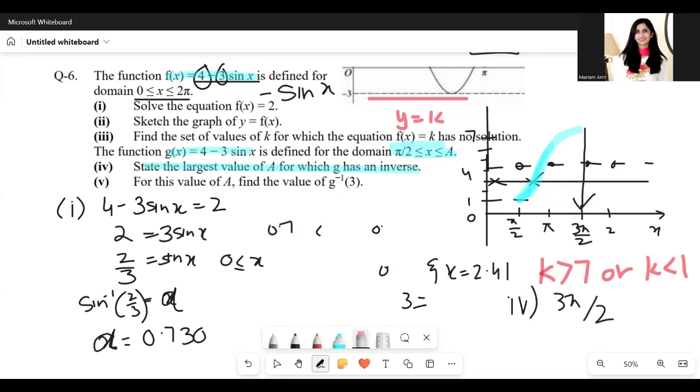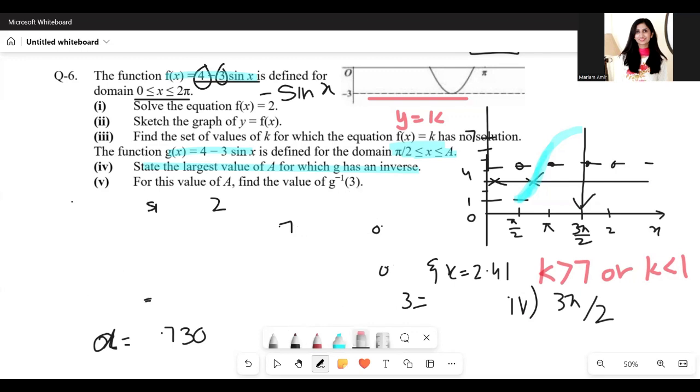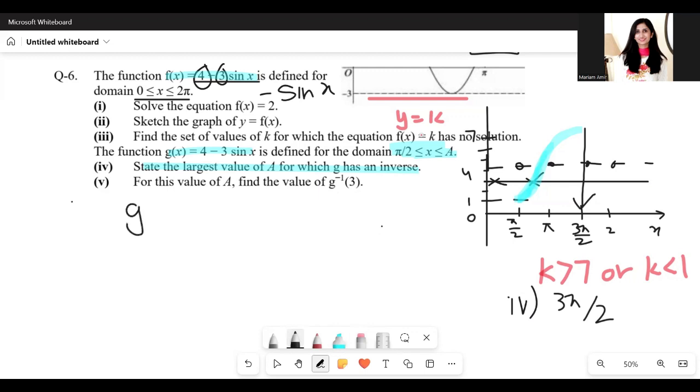The last part says that for this value of a, find g inverse of 3. First let's find g inverse of x.